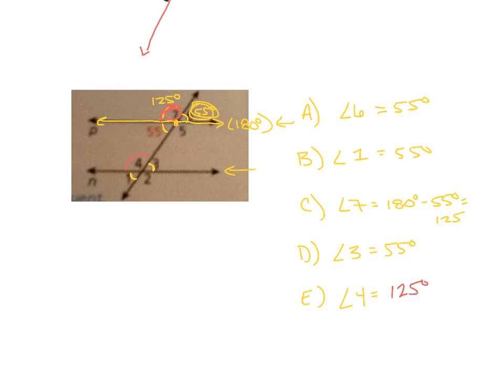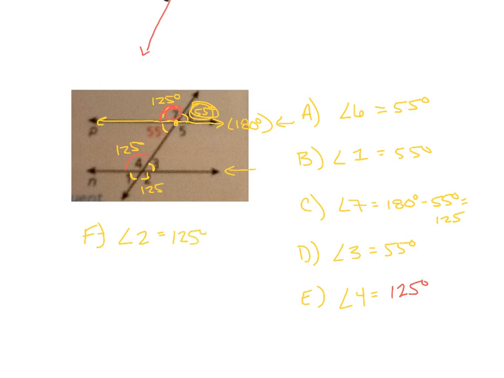Okay? F wants to know the measure of angle 2. Well, we just said 4 was 125 degrees, and 2 is in the opposite place. So if it's in the opposite place, it has to be 125 degrees.